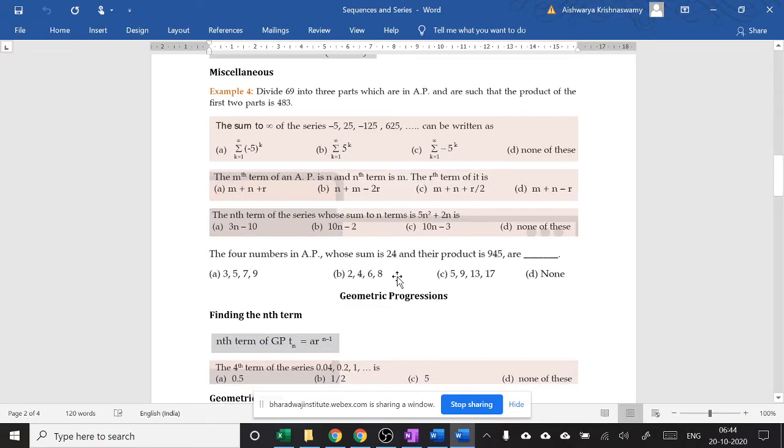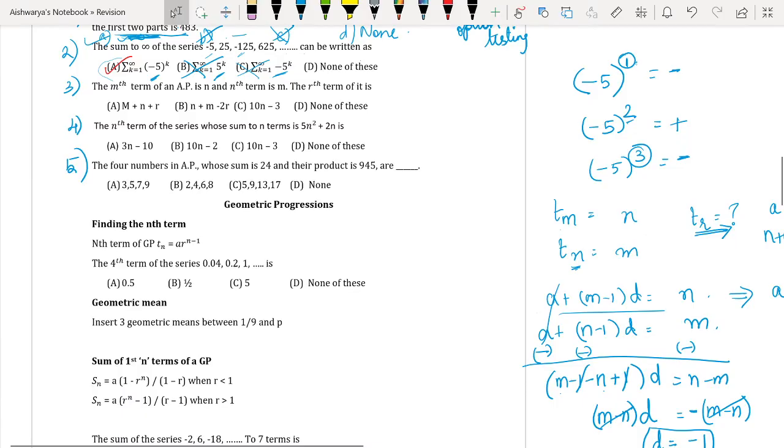Yeah, option D in this question was m plus n minus r. That is the mistake. It's a typo here. So we'll be ticking option D.